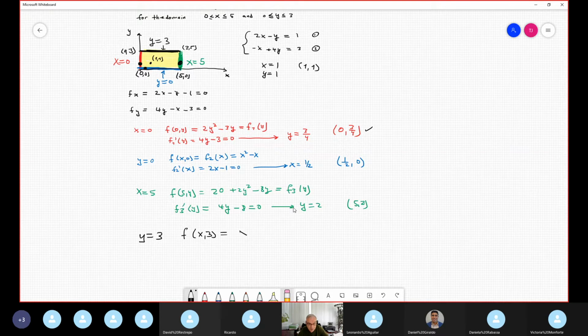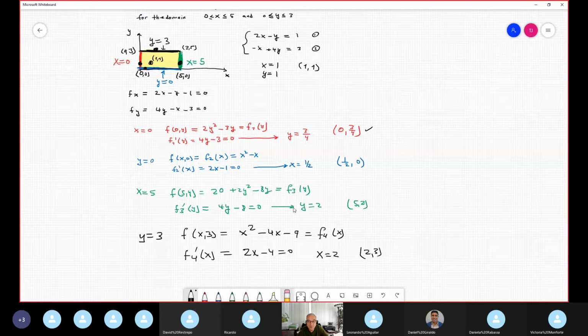When you plug in, the answer is x squared minus 4x minus 9. They call it f4, depending only on x, because I assume y is 3. When you compute the first derivative of that function, the answer is 2x minus 4 equal to 0. X is 2, and the point is (2, 3), approximately here. Another point.